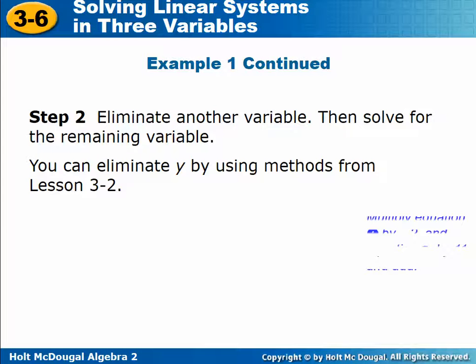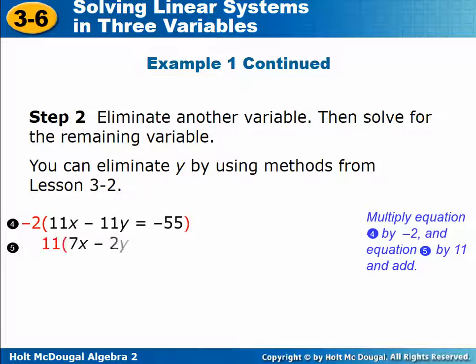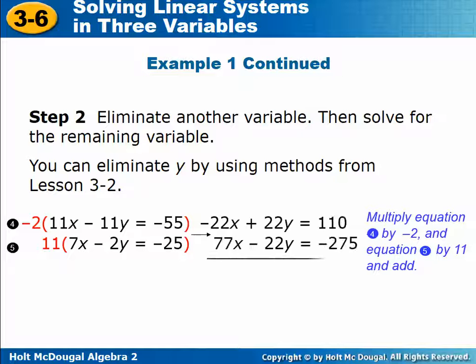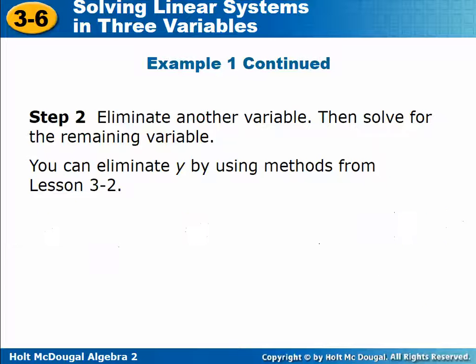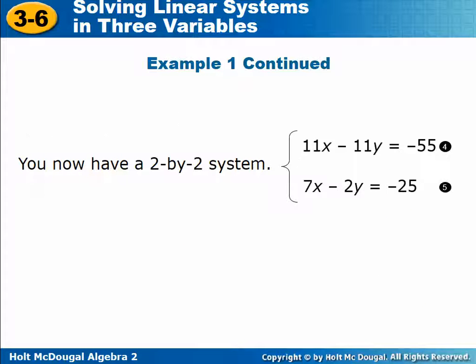One method of doing this is to get both of our y terms the same, and they decided that 22y would be good. I'm going to do this a little bit easier way. If you notice, the top equation is all multiples of 11. We have 11x, negative 11y, and negative 55.